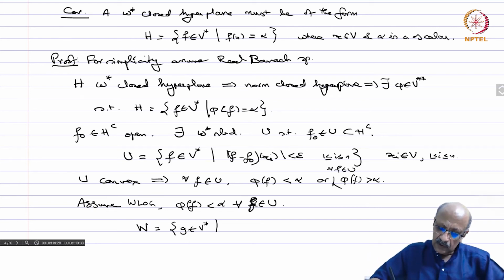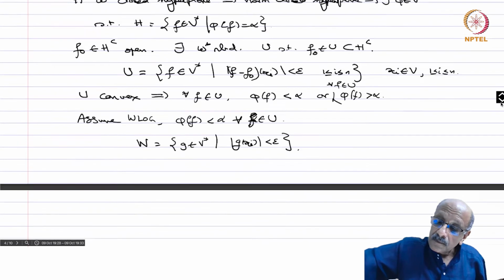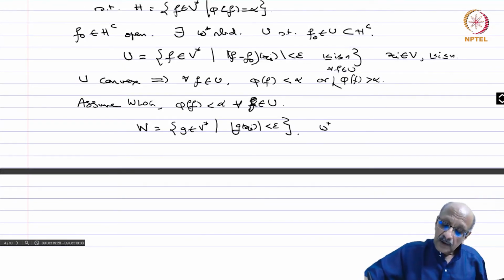This is the neighborhood of the origin. So this is a weak star neighborhood of the origin.